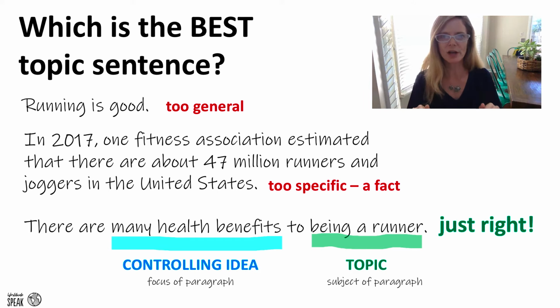You're not going to talk about famous runners. You're not going to talk about the Chicago Marathon. You're not going to talk about ultra marathons or the types of shoes you're wearing. You're just going to focus that paragraph on health benefits. It makes it so much easier on your reader to stay focused on one controlling idea.